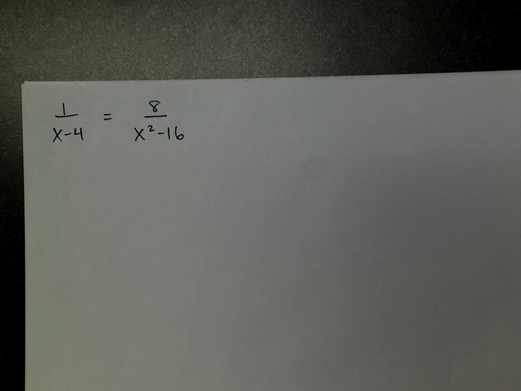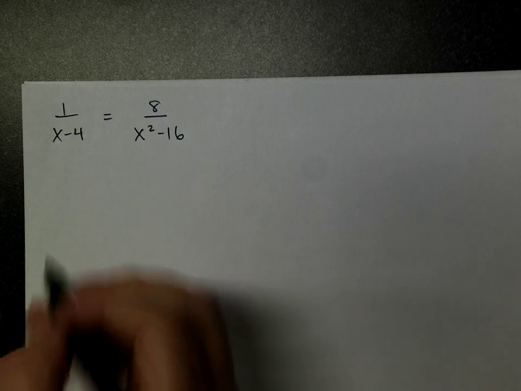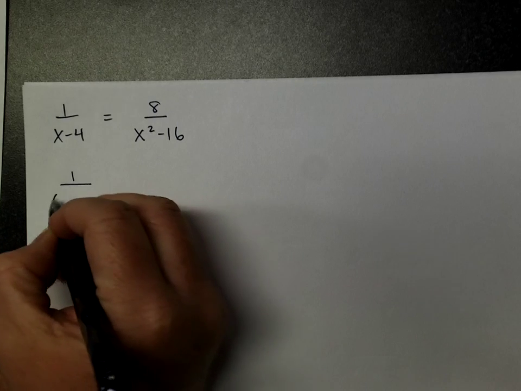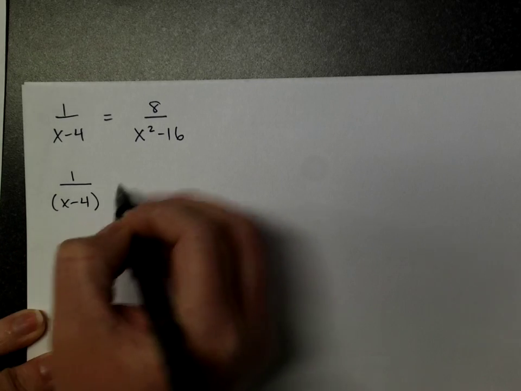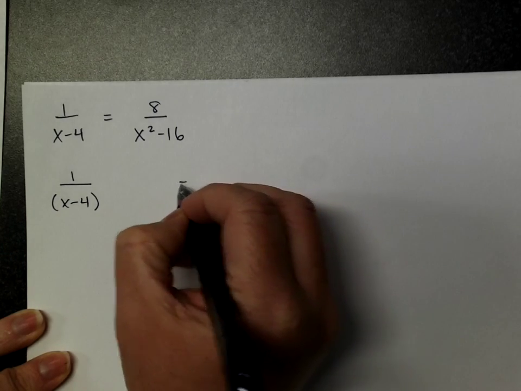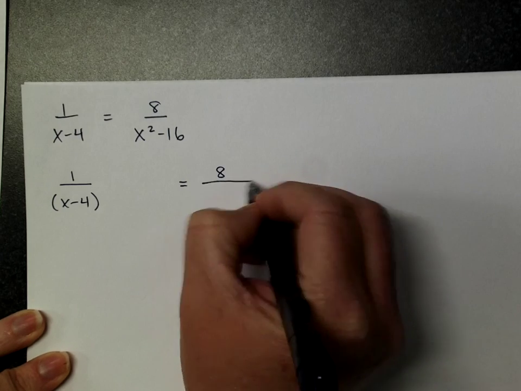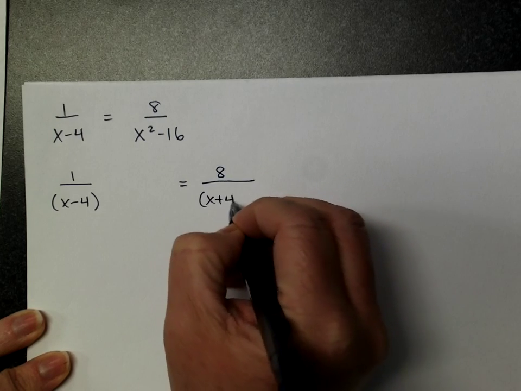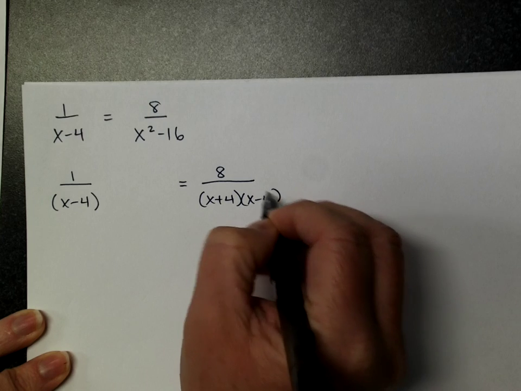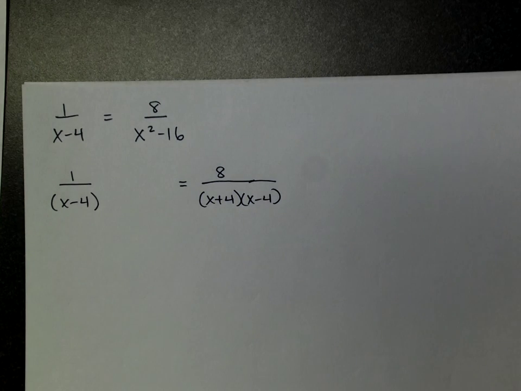Make sure numerators are locked up if necessary too, but don't factor the numerators. Here's a case where one of my denominators is the difference of squares, so it factors into its conjugates.